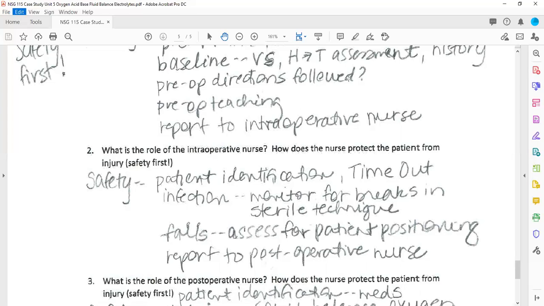So maybe they were going in to do a laparoscopic appendectomy, and then when they went in there, they decided that it had ruptured and they had to do an open procedure. The operative nurse is going to give all that information to the post-operative nurse so she can pick up care and help to recover that patient in the recovery room.